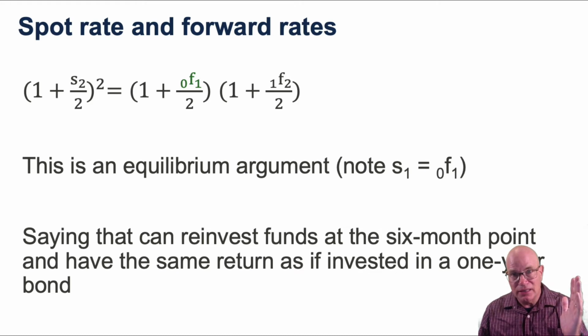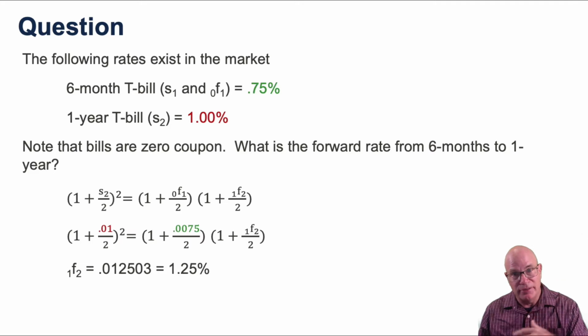And now we can say that for any time period. But before we do that, let's just give an example. Let's say our 6-month bond has a spot rate, forward rate, and actually yield to maturity of 0.75%. Our 1-year bond has a spot rate of 1%. Both of those are observable directly from the yield curve. Both of these bonds have zero coupon, and now we can find the forward rate from 6 months to 1 year.